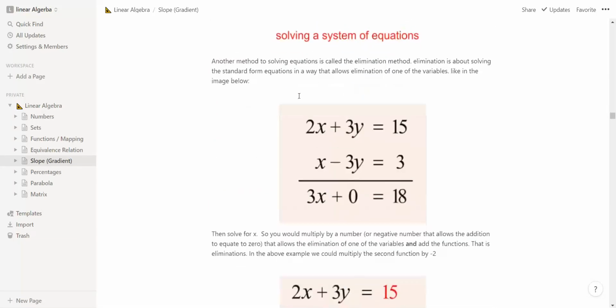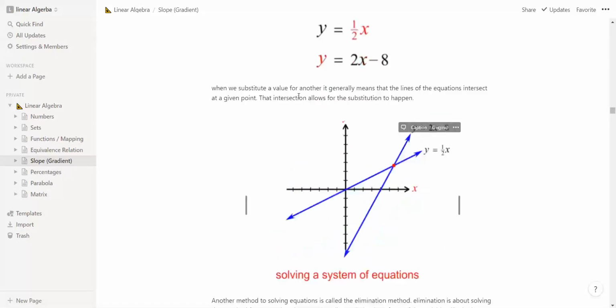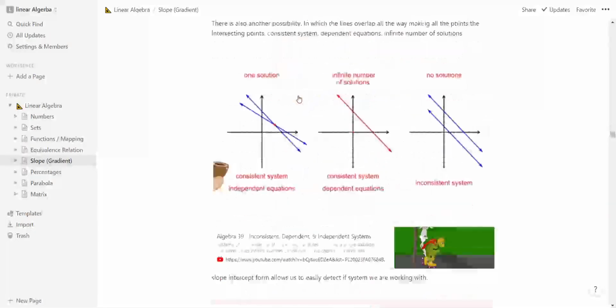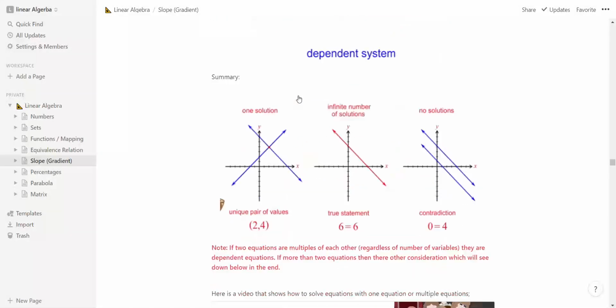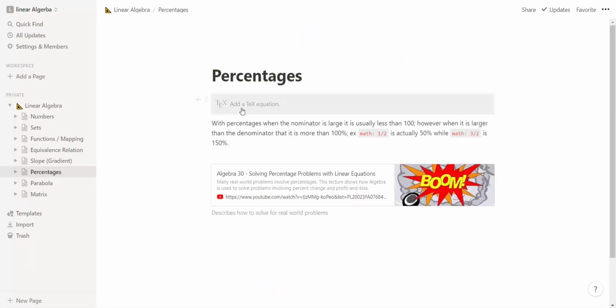Then we tried to solve systems either using substitution or elimination, and you can have consistent or inconsistent solutions. This is basically what we saw in the last video.